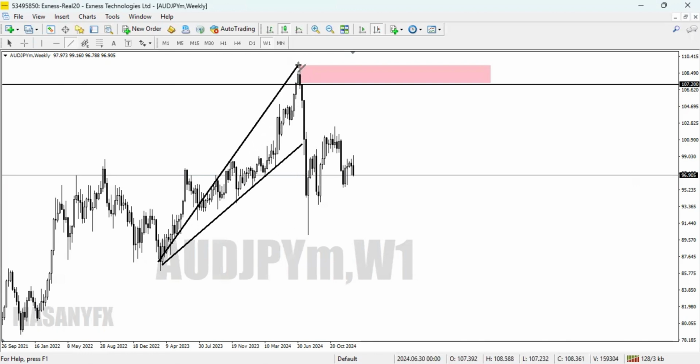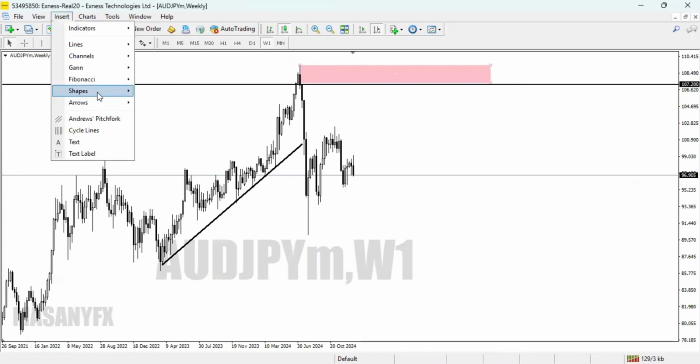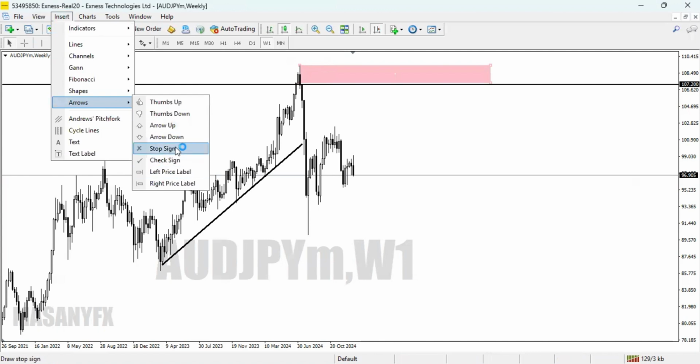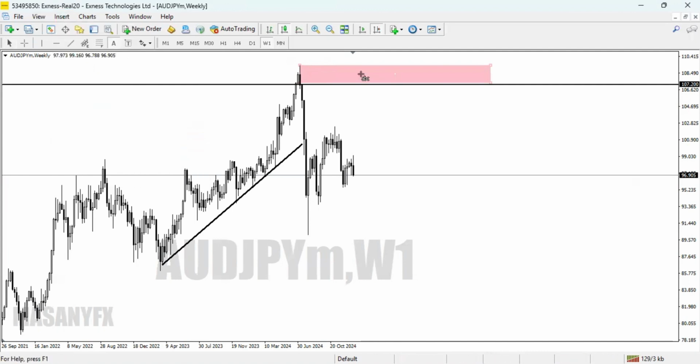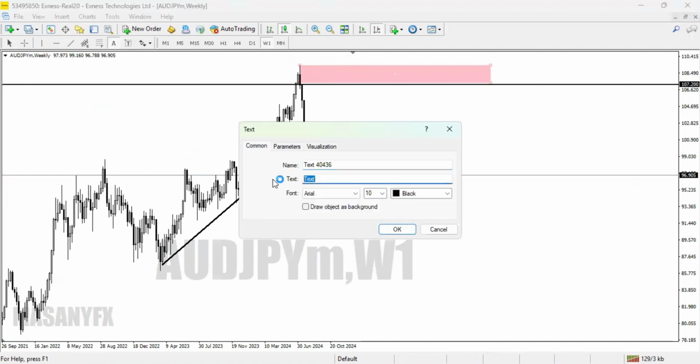And all of a sudden, we saw this big drop, the big drop that left this supply zone. This is a fresh supply zone.